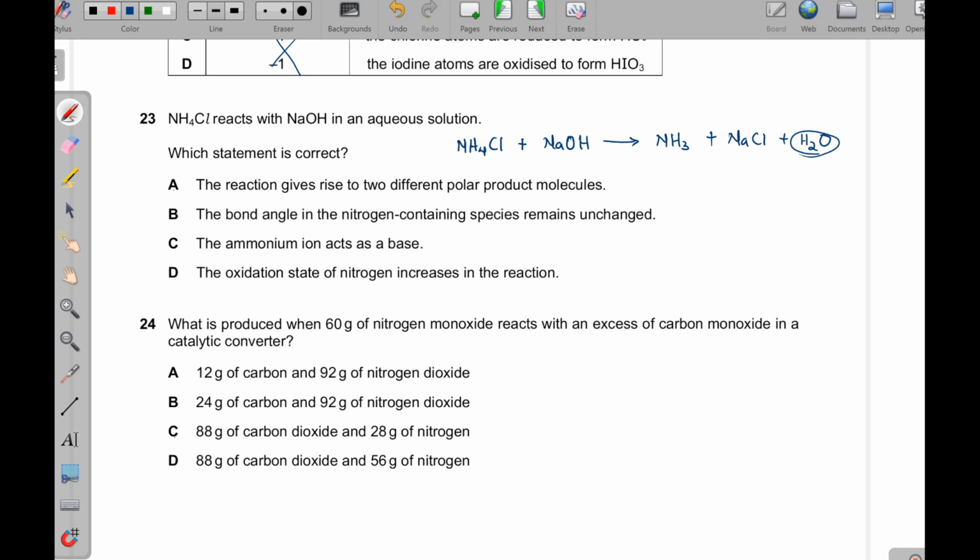This water is polar. Why is water polar? Because oxygen is more electronegative, so it tends to pull the bonding electrons towards itself. So it attains a partial negative charge, and the hydrogens a partial positive charge. So this one is polar.